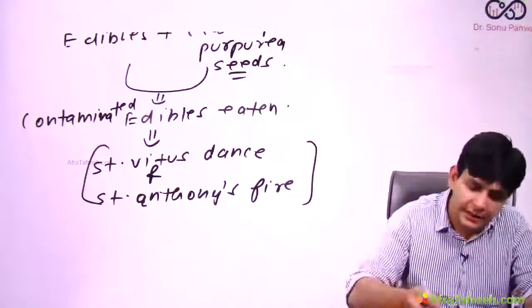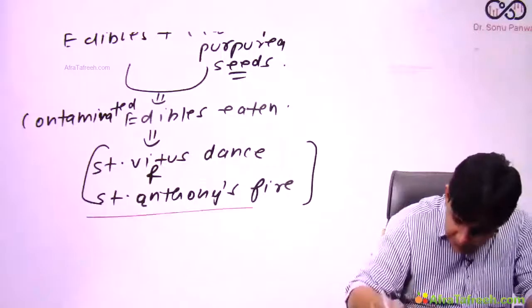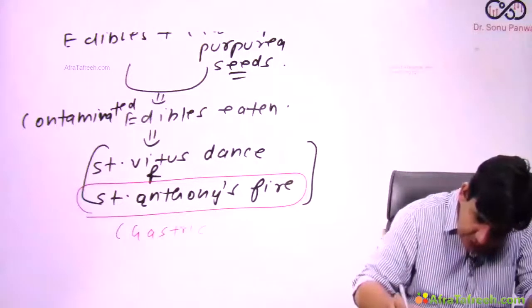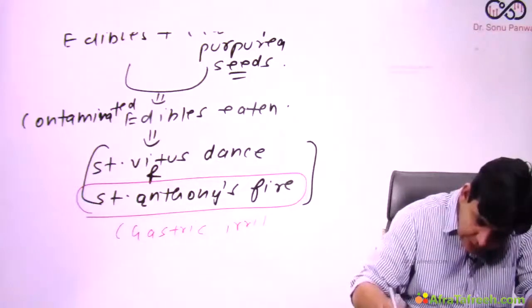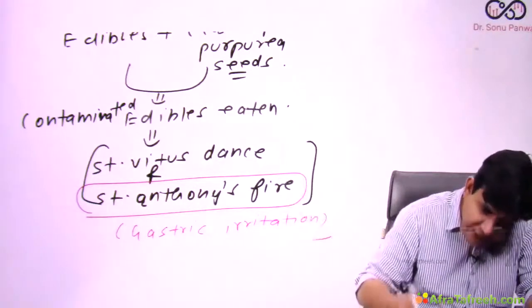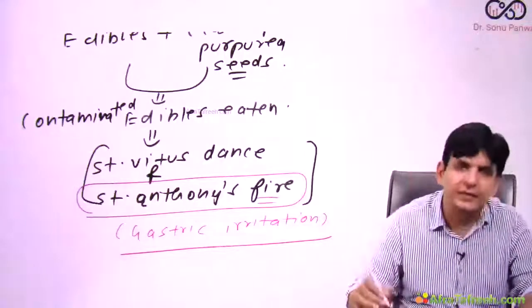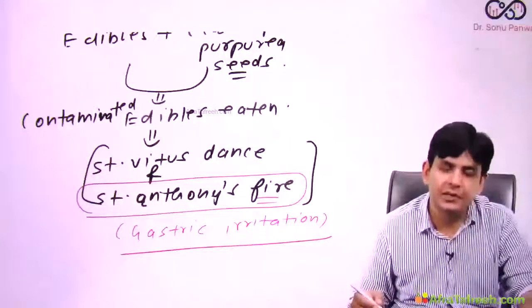What is the meaning of this? Saint Anthony's fire: after having this, gastric irritation happens, immense gastric irritation. It feels like there is fire in the belly, so that is termed Saint Anthony's fire.